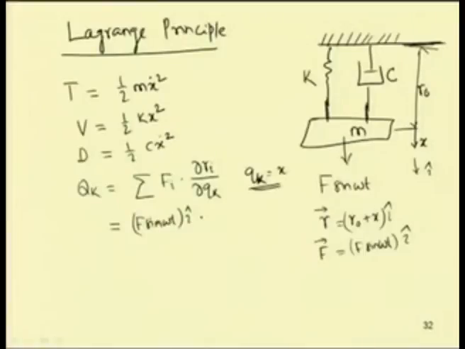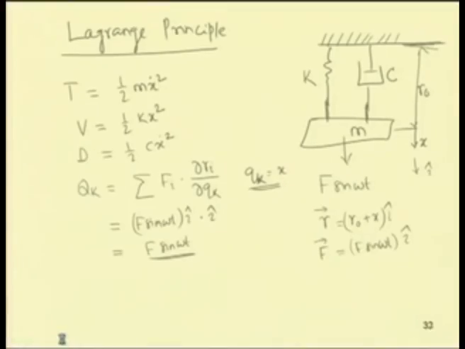So, we can differentiate this with respect to x. Because r equal to r 0 plus x i, if I differentiate with respect to x, this will be 1 into i. So, this gives rise to F sin omega t. So, our q k, the generalized force, equals F sin omega t.